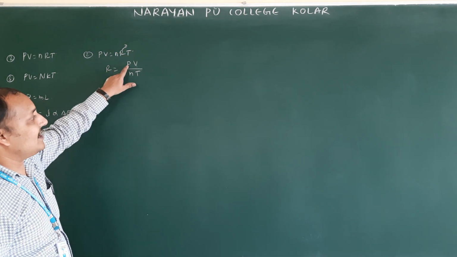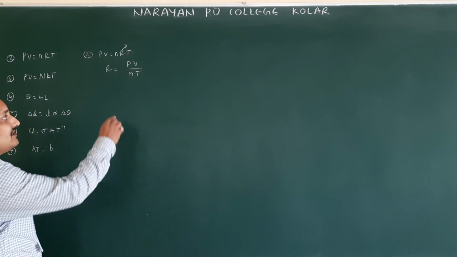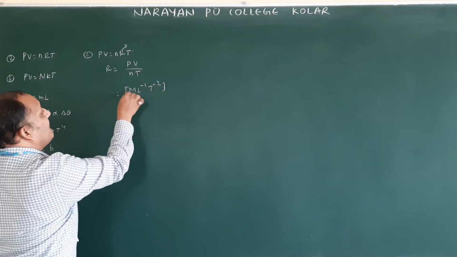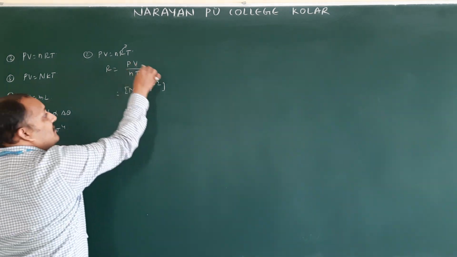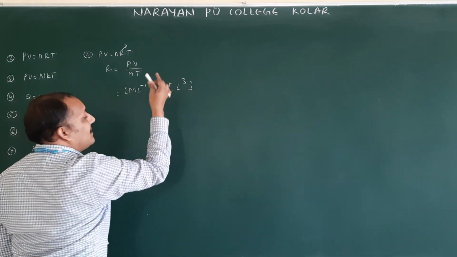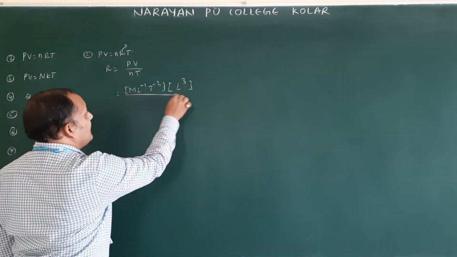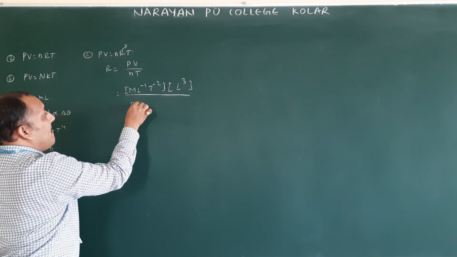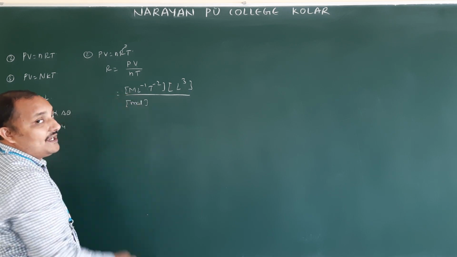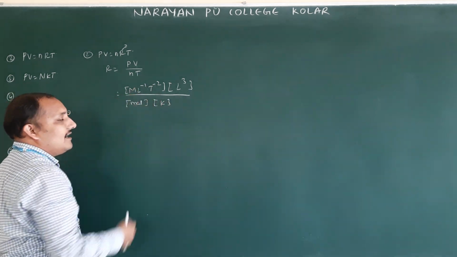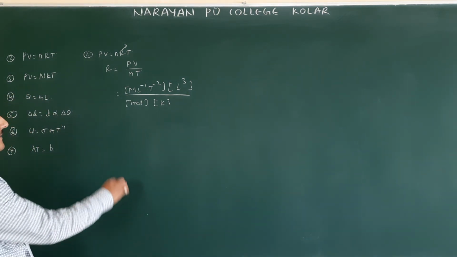Isn't it? Pressure dimension formula we came to know. What is the pressure dimension formula? M L power minus 1 T power minus 2. V means volume dimension formula. What is the volume dimension formula? L cube. Divided by moles, mole symbol mol, yesterday we wrote. Temperature K. Here in some books they will write data.